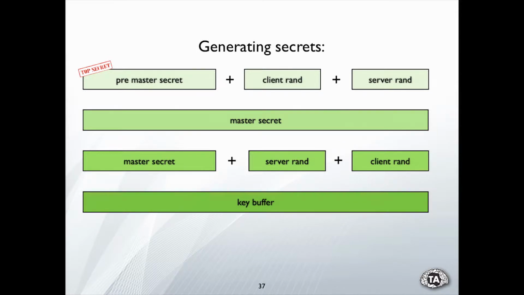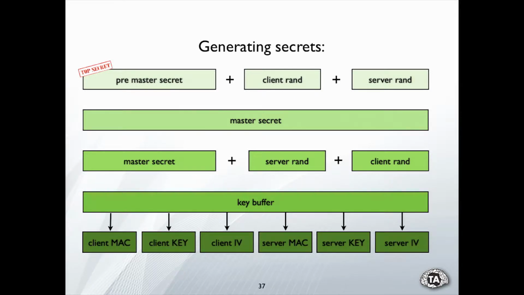That key buffer is basically the holiest of the holiest. That's where your tunnel will function from. It will split up into 6 different sections: a client MAC, client key, client IV, a server MAC, server key, server IV. Now, notice that there's a client part and a server part. The client part is used for the tunnel from client to server, and the server part is used for the tunnel from the server to the client.